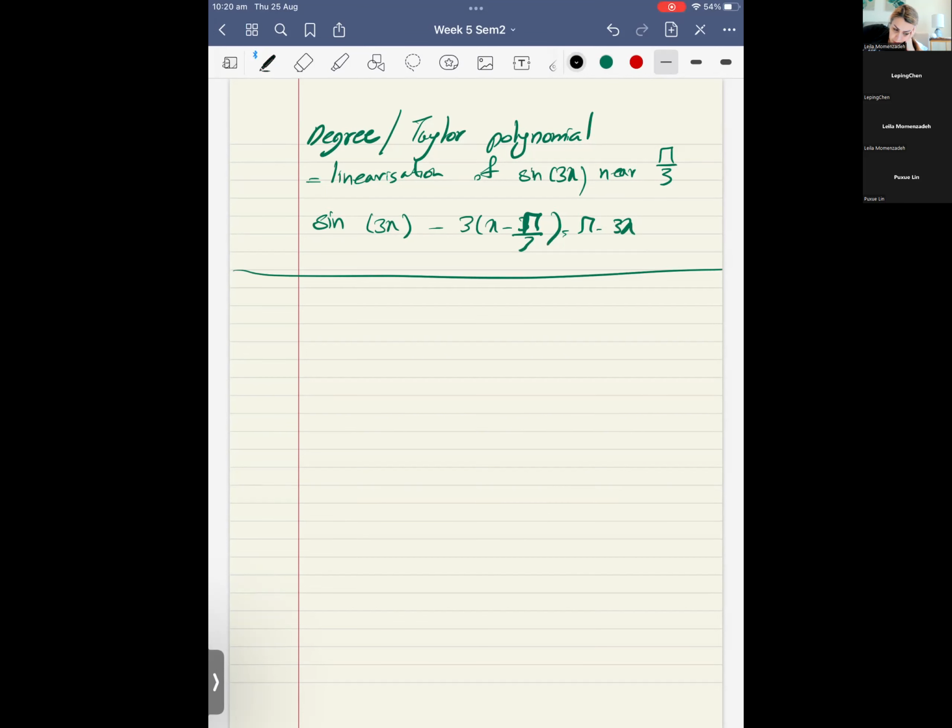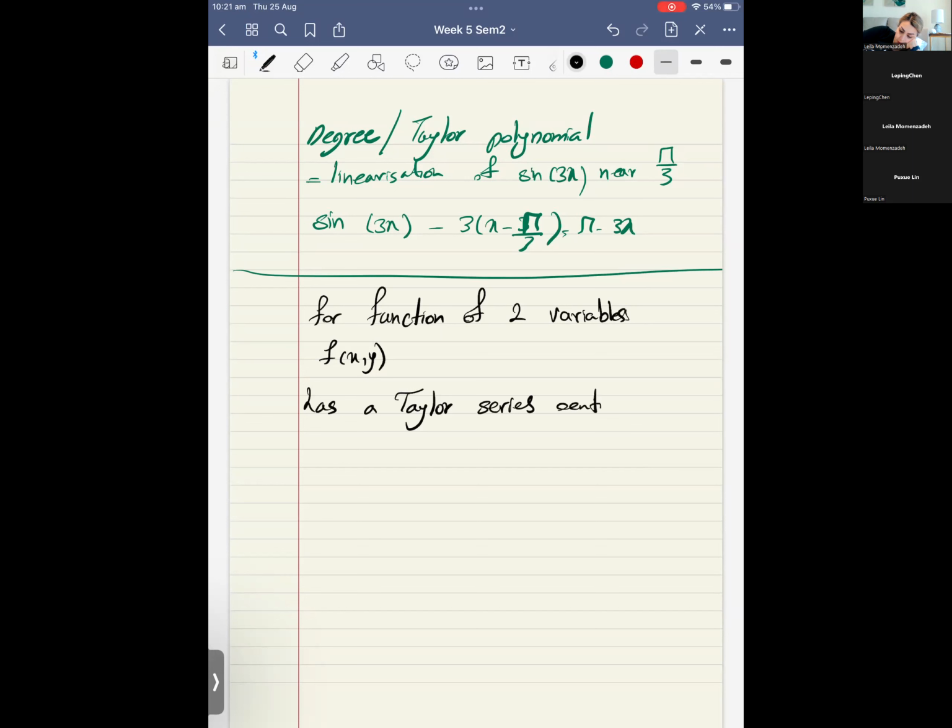And if I use a function of two variables, I mean f of x and y, you notice at this part the Taylor series has a center at x0, y0.